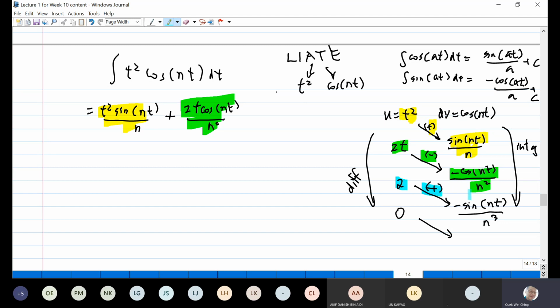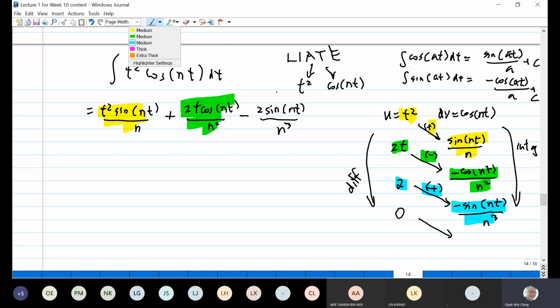Then the last term, multiply together. This one becomes a minus sign now, so this is minus 2 sine nt over n cubed.